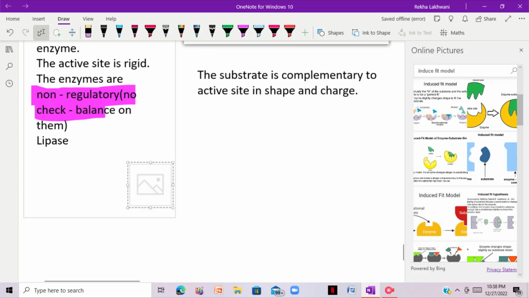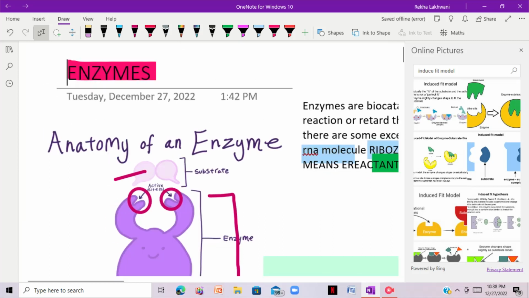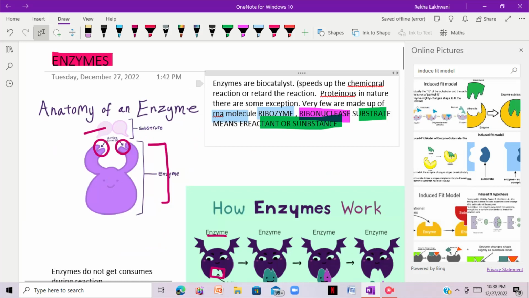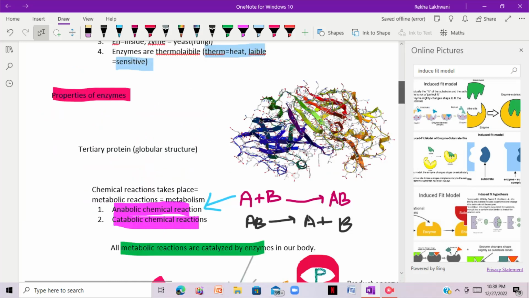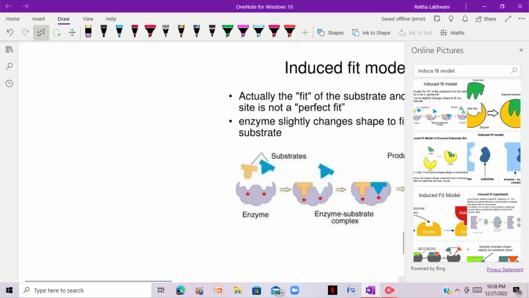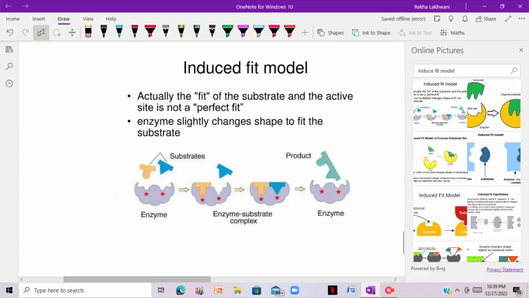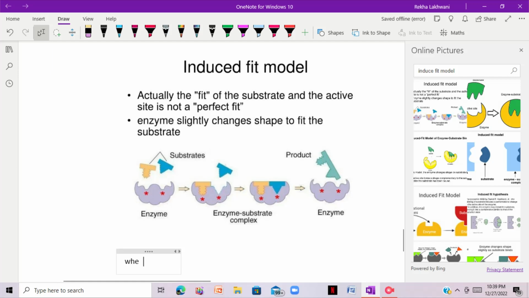Now, according to this model, when a substrate combines with an enzyme, it induces the shape of the active site.